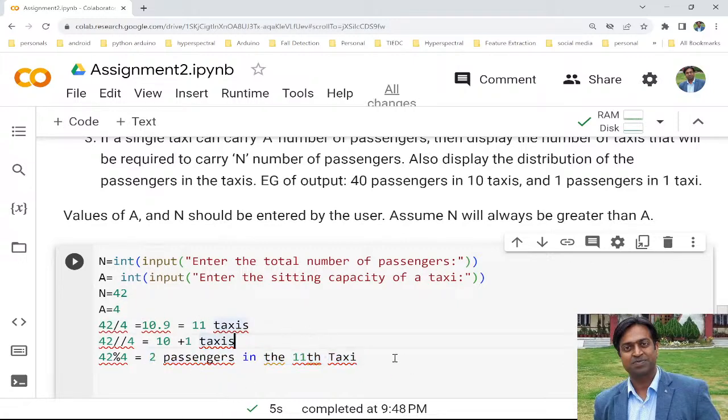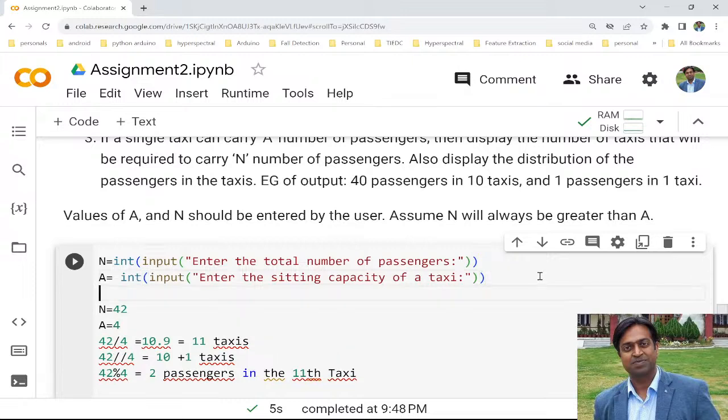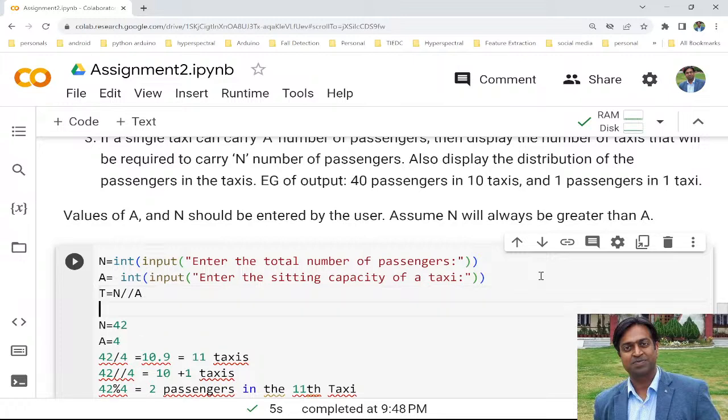So if I want to put it in programming code, it can be put as, just a minute. Let it be T equals total passengers divided by capacity, right?